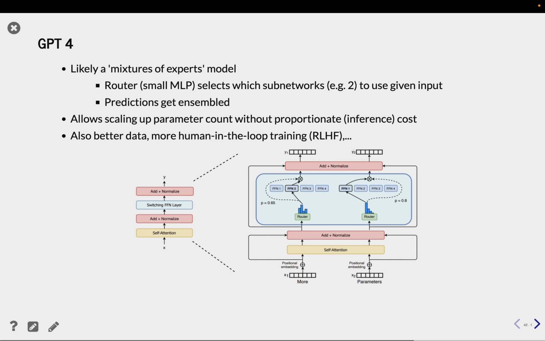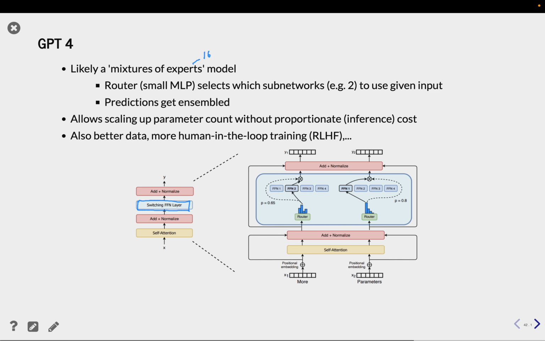GPT-4, the latest one, well, now it's 4o, but it's a very similar architecture. Likely, I say likely because we don't actually know what the true architecture is. We do expect that it's a mixture of experts model. So that's a model which doesn't have pure dense layers, but it actually has sub-layers, for instance maybe 16 so-called expert models.